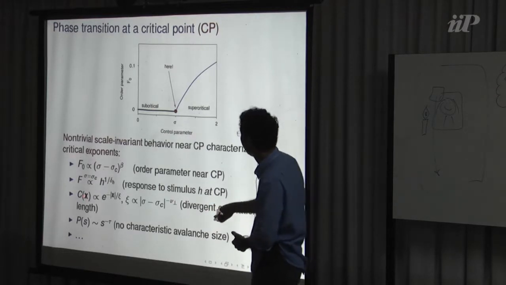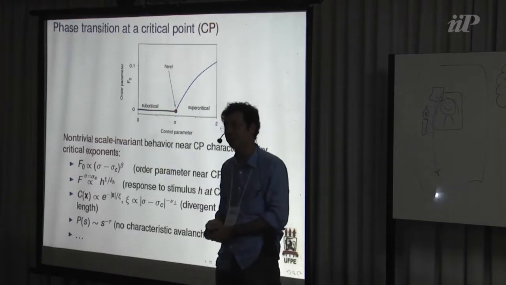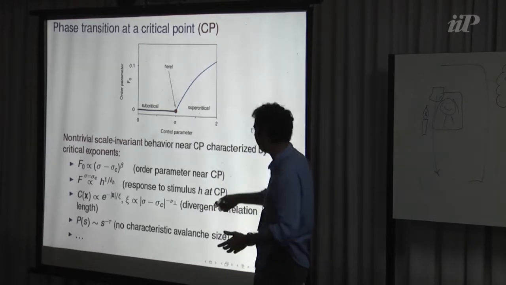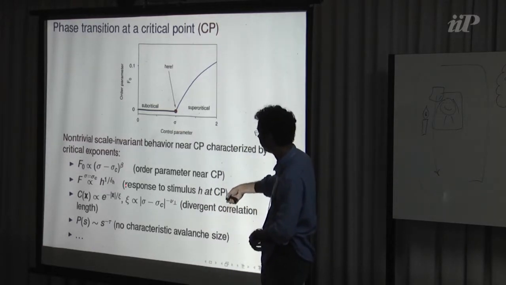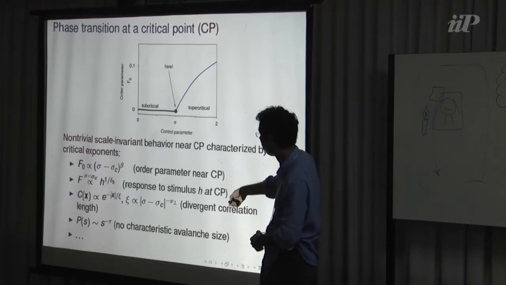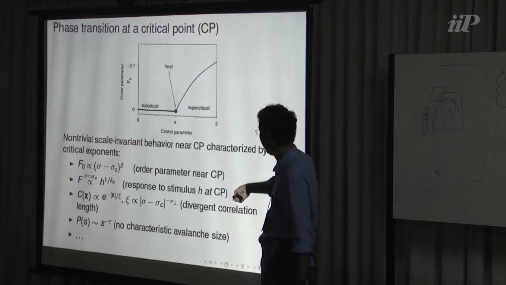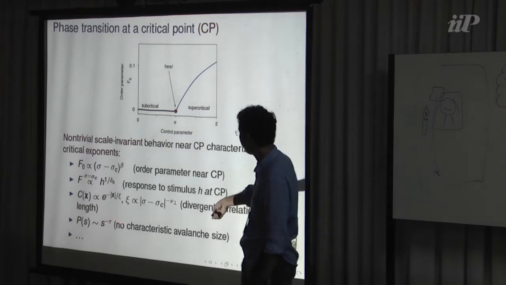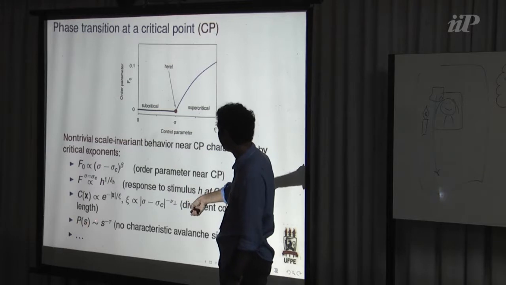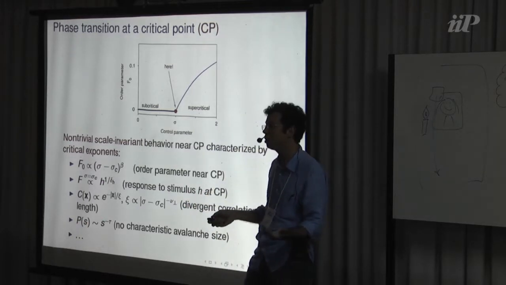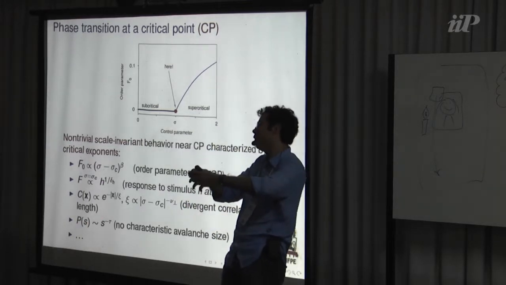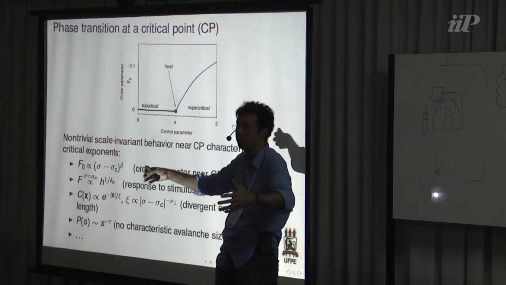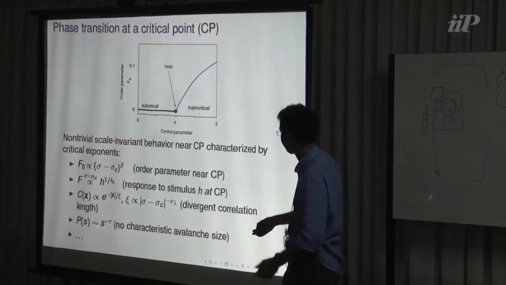And correlation times also diverge, with another exponent. There are several exponents. I'm not listing them all, so I don't kill you with boredom. One of them is the exponent which governs the size distribution of avalanches. If you take your system and you perturb it, this perturbation creates an avalanche, you calculate the size distribution, you have an exponent.